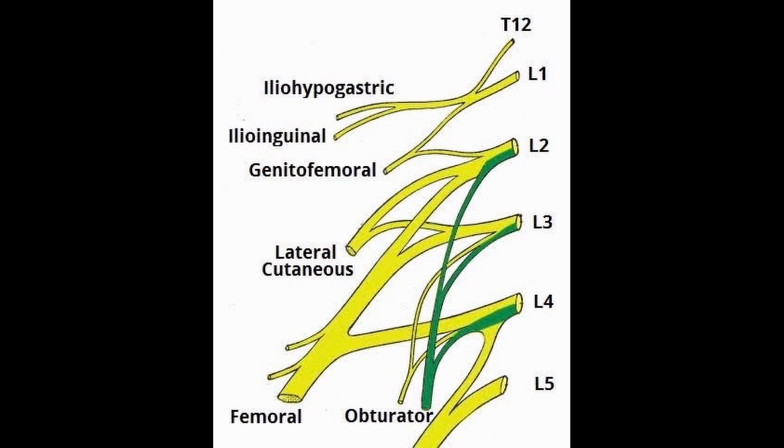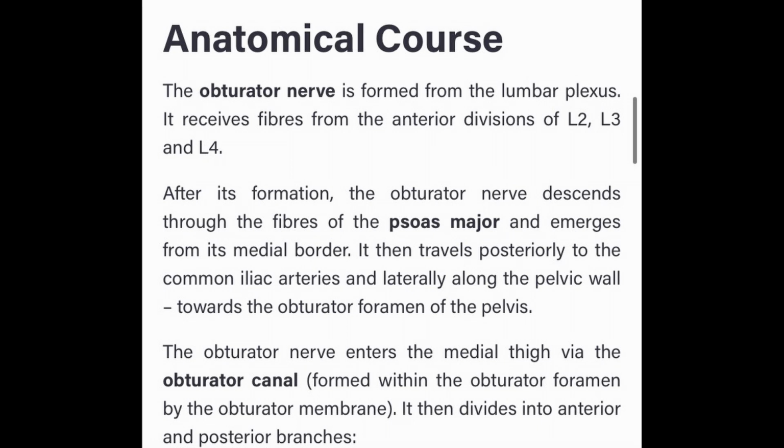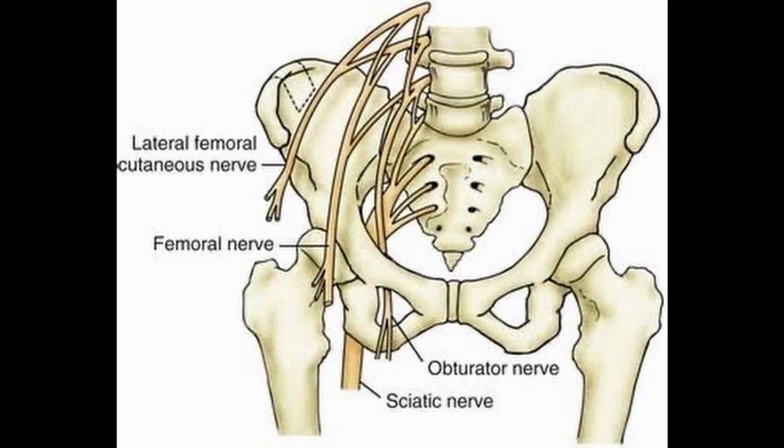Now we discuss the anatomical course of the obturator nerve. The obturator nerve is formed from the lumbar plexus, from the anterior division of L2, L3, L4. After its formation, the obturator nerve descends through the fibers of the psoas major and emerges from its medial border.